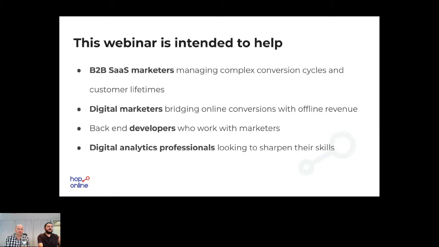The webinar today is really intended for B2B SaaS marketers, because B2B SaaS marketers normally are managing the customer acquisition cost, or the CAC. And this means they're probably managing complex conversion cycles and complex customer lifetime value calculations.